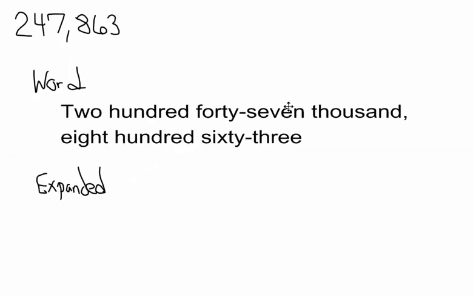Okay, so here is the number in word form, 247,863. Check your paper. Also, there's something that we don't really talk about all that much. So let's talk about this for just a minute. See this part right here?